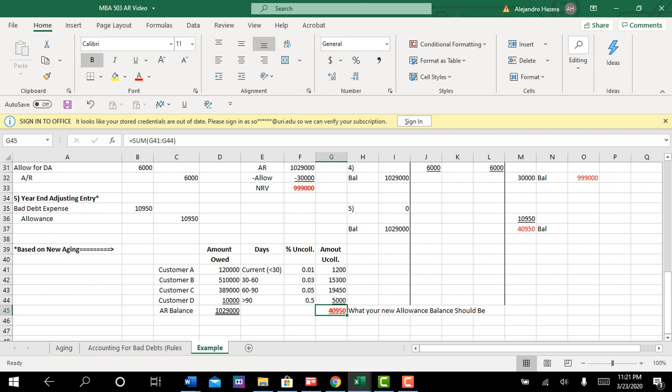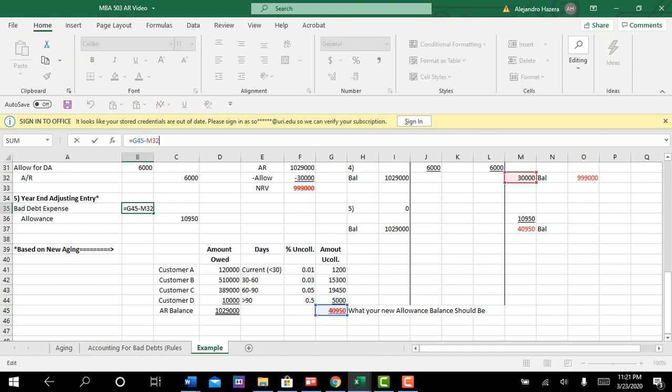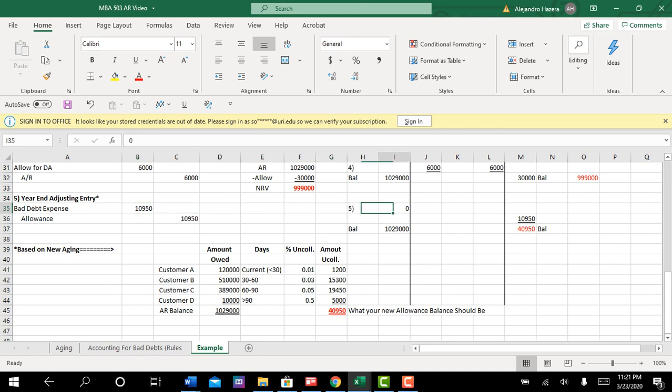The key number in all this is that right there. You get a new aging, subtract out the 30, and that gives you the amount of your adjustment. When you add your adjustment, it will give you an allowance balance which equals the amount indicated in the aging.